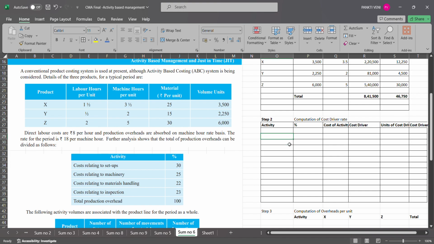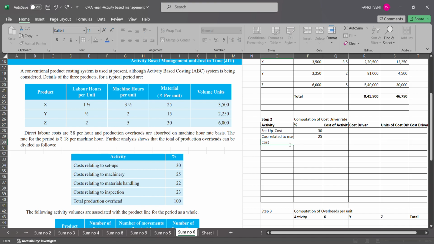So what I'll do here is I'll go for setup cost. Setup cost percentage is 30. Then what else? I'll go for cost related to machinery, I have 25%.